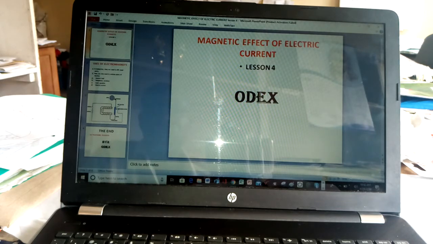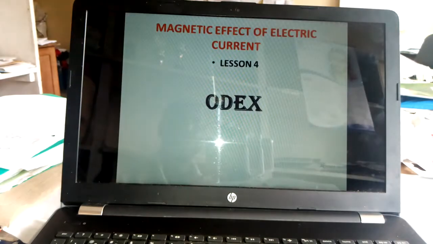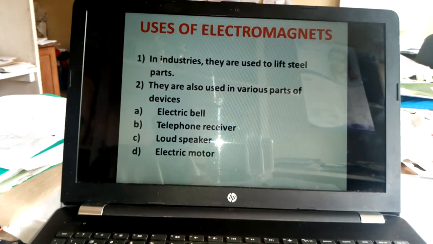Okay, so what we are going to do is to learn how to make electromagnet, and now we are learning the uses. So uses of electromagnets.